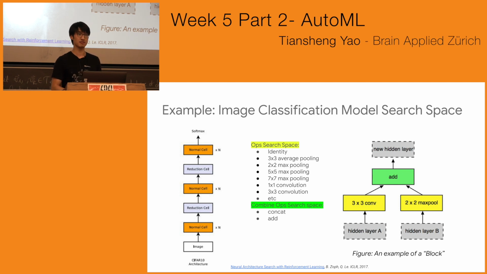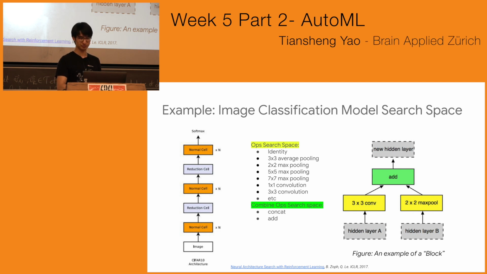Each cell consists of different functions applied and aggregated on each other. We have two different kinds of cell, normal cell and reduction cell. You can think of it as two different colors of cell, cell A and cell B. Each cell consists of different operations we want to search, like different functions on the input.